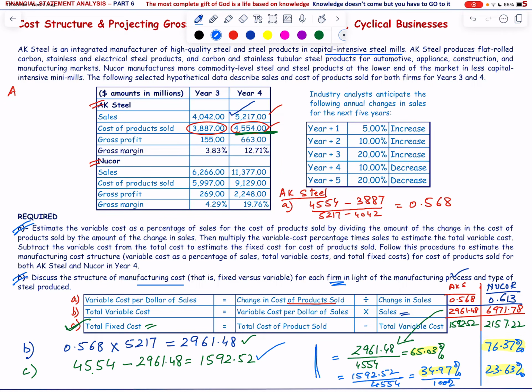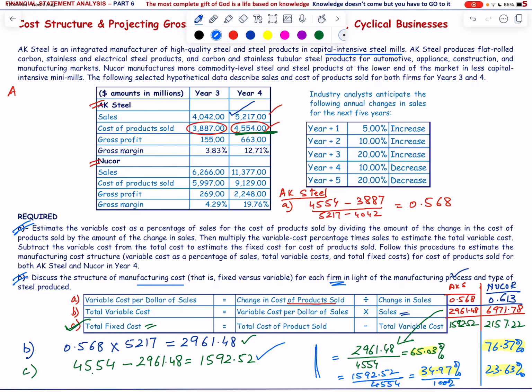In addition to its cost structure, we can see that AK Steel operates in a higher end steel. High quality of steel in capital intensive, flat rolled.